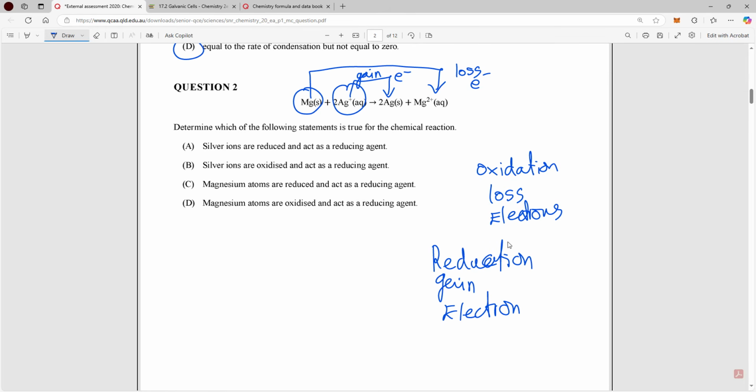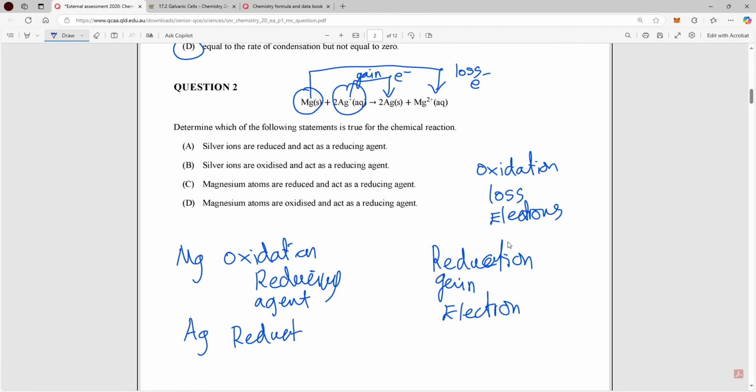So magnesium undergoes oxidation. If something undergoes oxidation, that means it's the reducing agent, because you're causing the other thing to undergo reduction. That's what reducing agent means. And silver is undergoing reduction, which means it's the oxidizing agent.